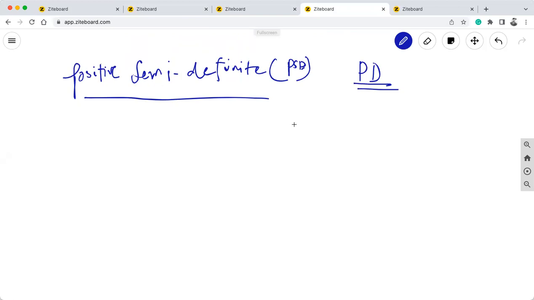So for some real symmetric or the Hermitian matrices A, that may belong to some R, say for simplicity we take n cross n, or it may be some complex as well, n cross n, and they should be real symmetric matrices or the Hermitian matrices.